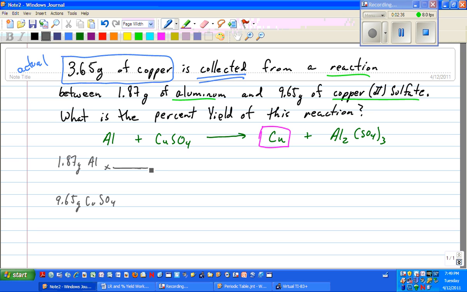Stoichiometry says I'm going to go from grams to moles, moles to moles, moles to grams, and again I am looking for grams of copper in both cases here, because that copper is going to match my actual. Alright, so let's get started.